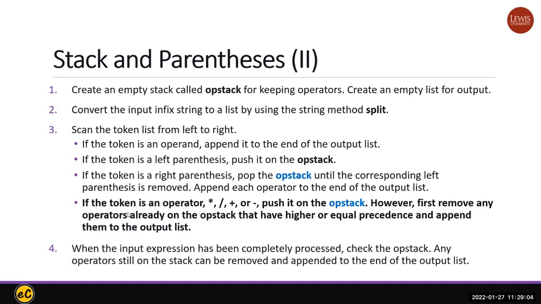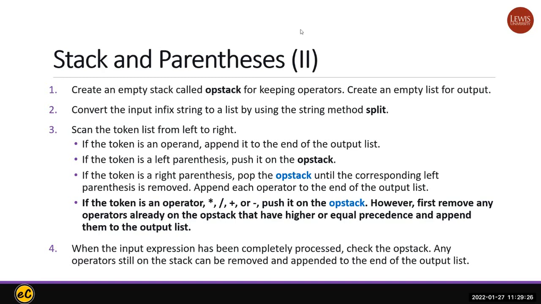Okay, if a token is an operator, you push it into the stack. However, first remove any operator in the stack that has higher or equal precedence. Okay, so you may pop them out if it actually is of higher precedence.